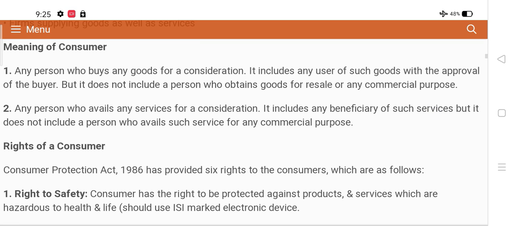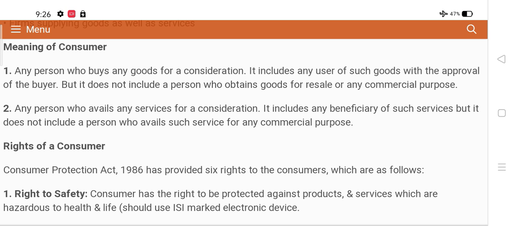Now, what is the meaning of the consumer? The consumer means any person who buys any goods for a consideration. So, any person who is buying any type of goods for any type of consideration is basically called the consumer. It includes any user of such goods with the approval of the buyer. So if any user is using the goods with the approval of the buyer, then he will be called a consumer.